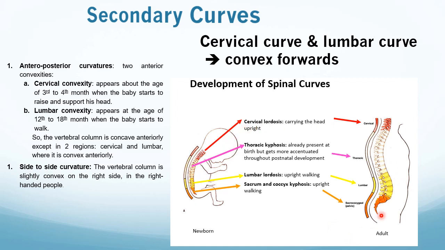Any part of these areas, like the thoracic curve, which is concave anterior, if this concavity increases, this means kyphosis. A certain degree of kyphosis is present or allowed, but when it increases more than normal, this is called kyphosis. Also, if there is tilting of the vertebral column to one side more than normal, this means scoliosis.